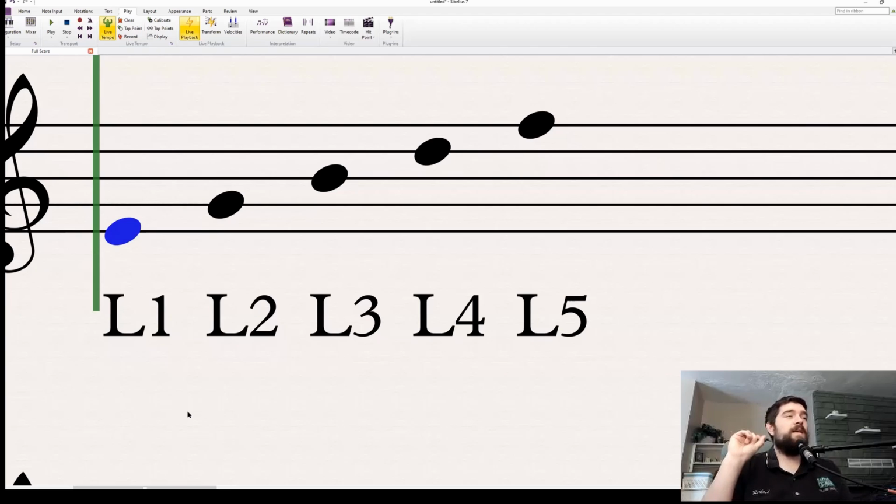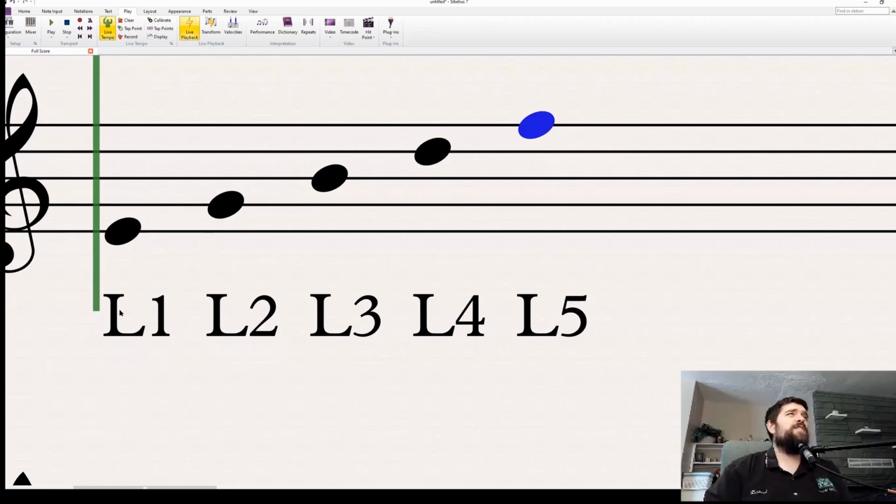So the bottom line is line 1. Line 2 is that second line up from the bottom. Line 3 is right in the middle. It wouldn't matter if you came from the top or the bottom for that, but you count up from the bottom. Line 4 is the 4th line up, and line 5 is the 5th line up.